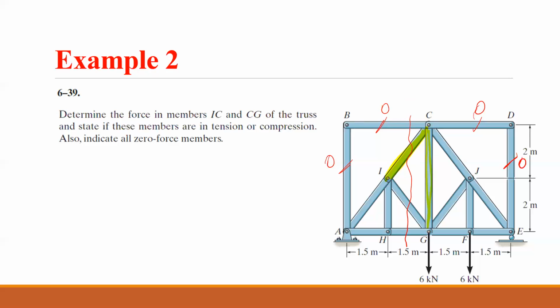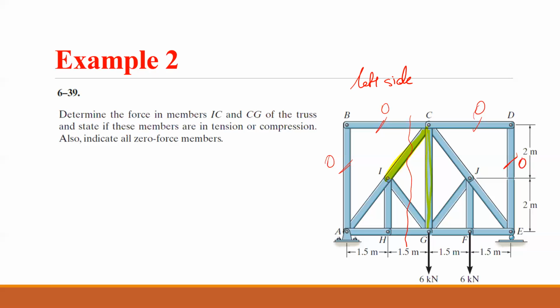Then we need to think about which side is a better side to be analyzed. So this part, the left side, is the better side. Why? Because I don't have this 6 kilonewton external load.